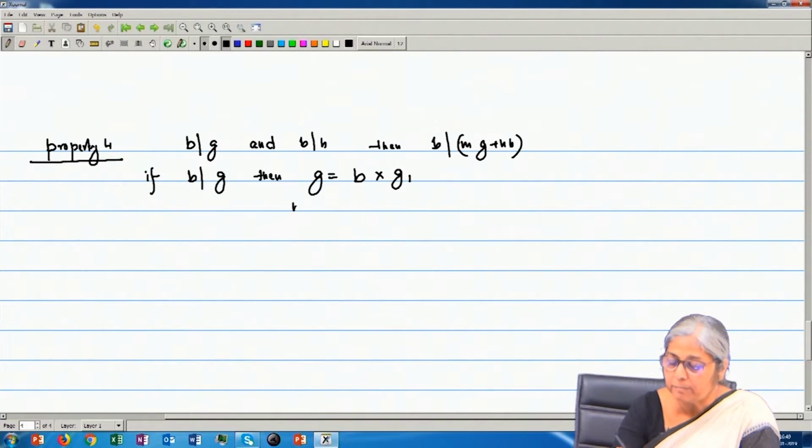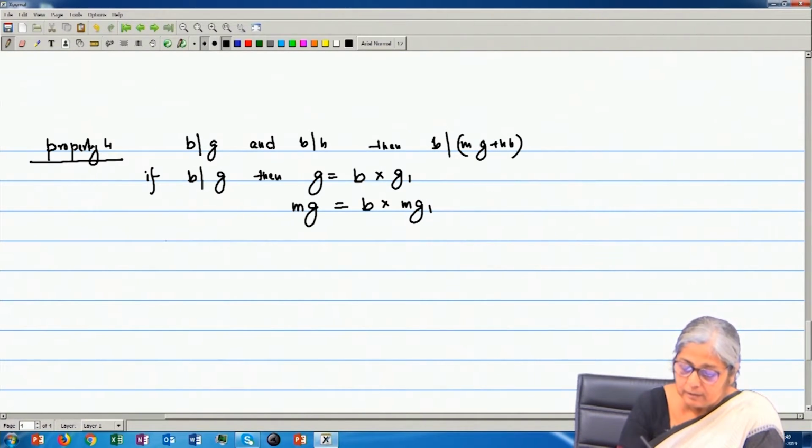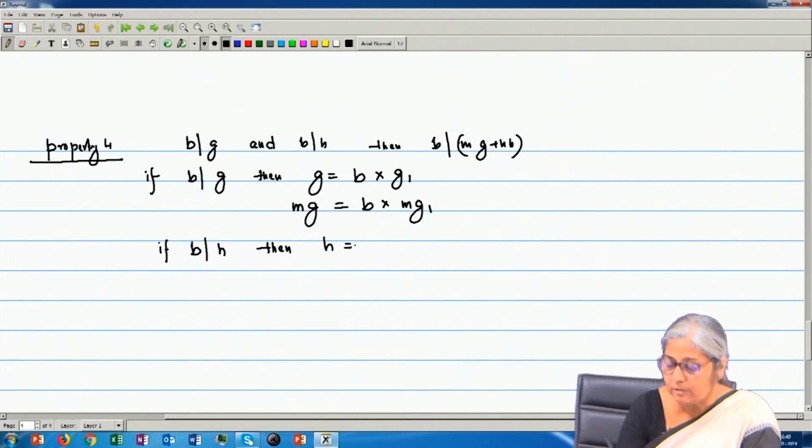If I multiply both sides by m, then mg is b into mg1. Similarly, if b divides h, then h equals b into h1, and nh equals b into nh1.